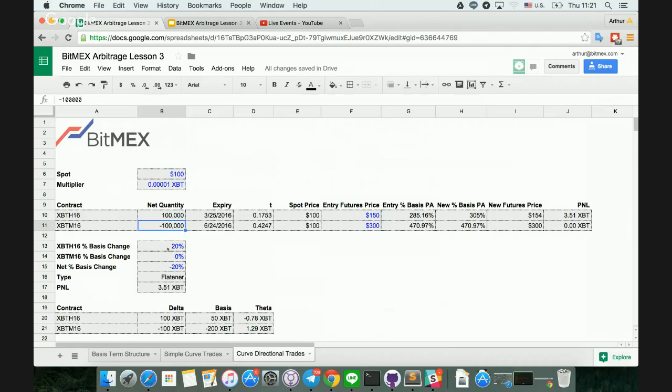We sold something expensive, and we think that the short date will come up in terms of percentage basis. And as this differential narrows, we are flattening the curve and making P&L. Again, the other direction can also happen, whereas the longer dated can come down as well.